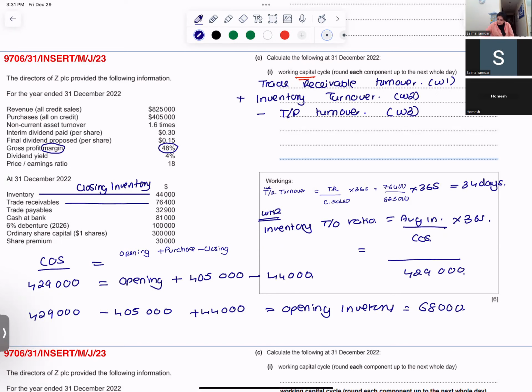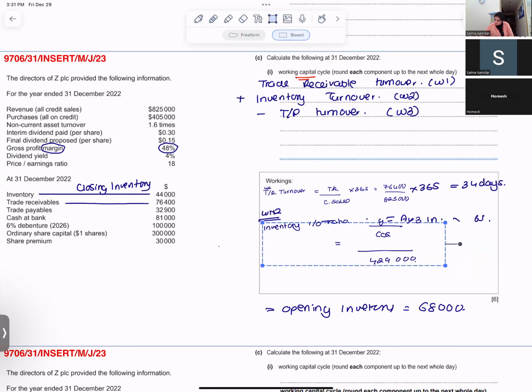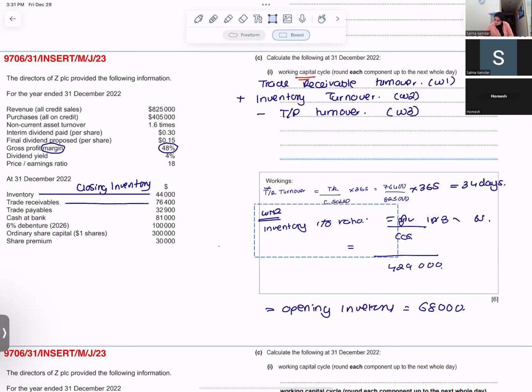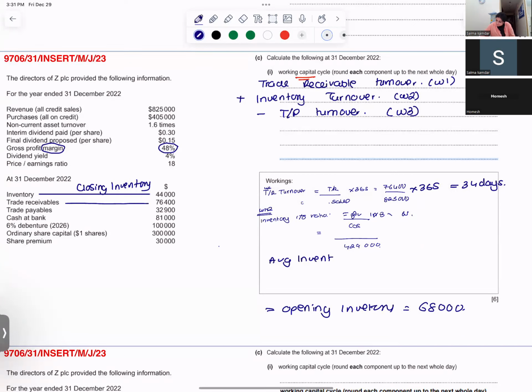Are you with me? Yes. So now I have my opening inventory and my closing inventory. Come on, average inventory. Opening is 68,000, closing is 44,000.